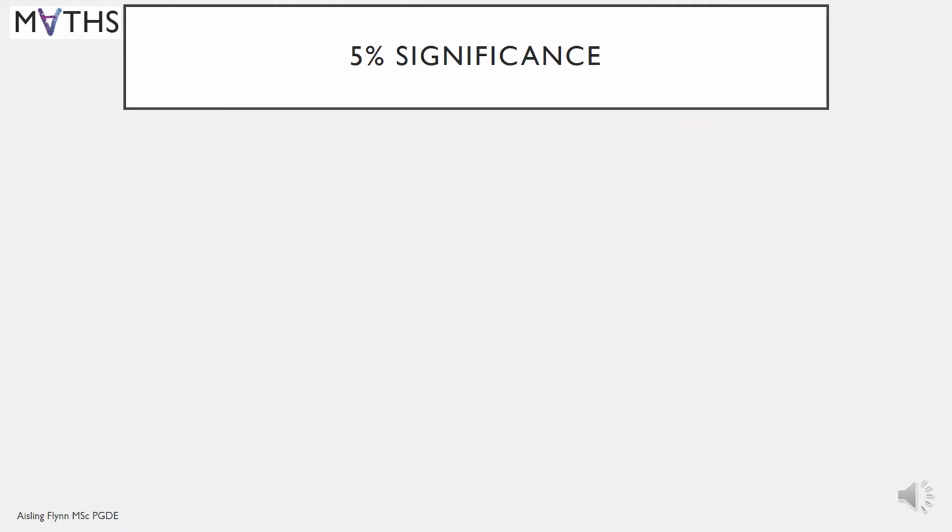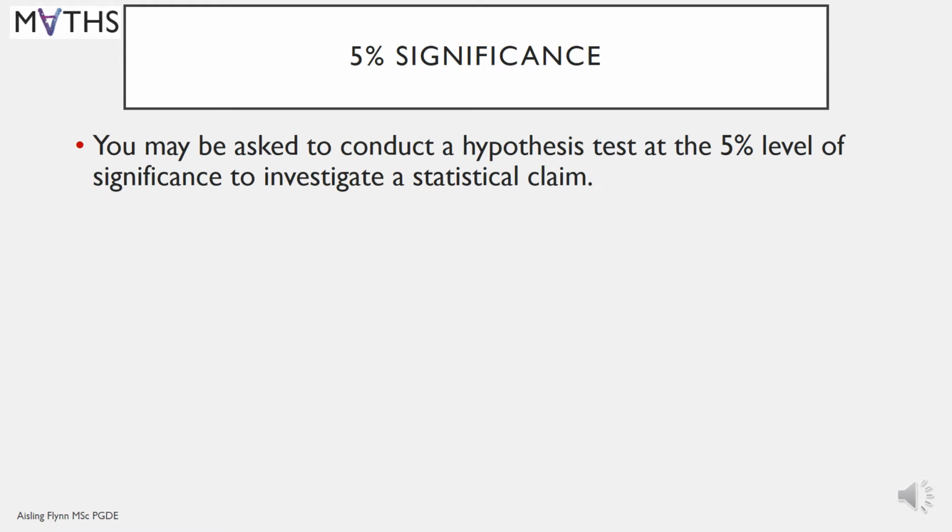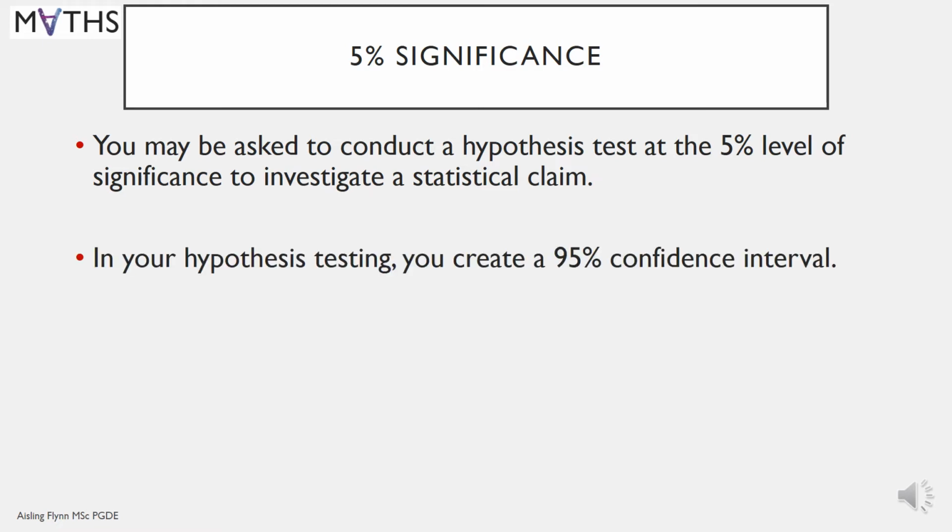In some questions, the term 5% significance is used, and to relate that to what you've already seen, you may be asked to conduct a hypothesis test at the 5% level of significance to investigate a statistical claim. Previous to this, in our hypothesis testing, we've created a 95% confidence interval.